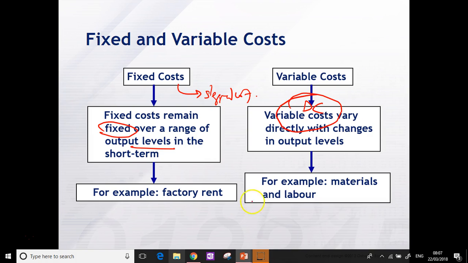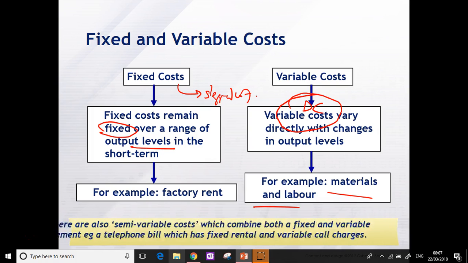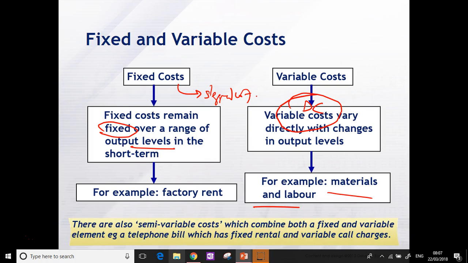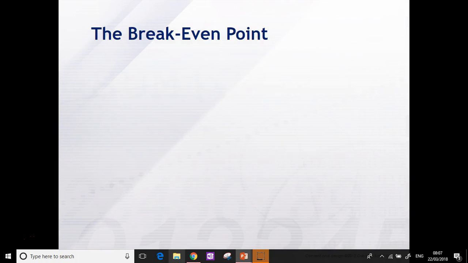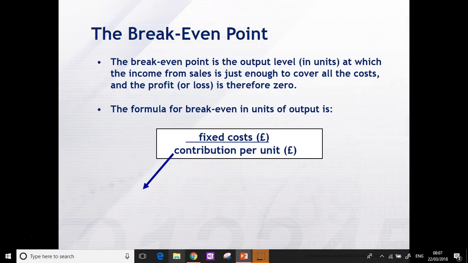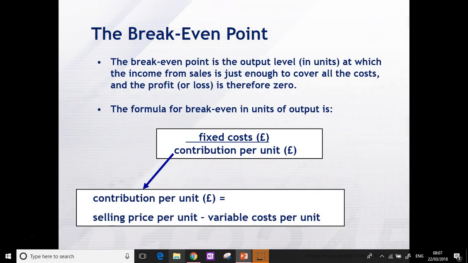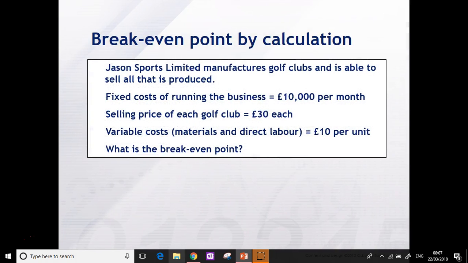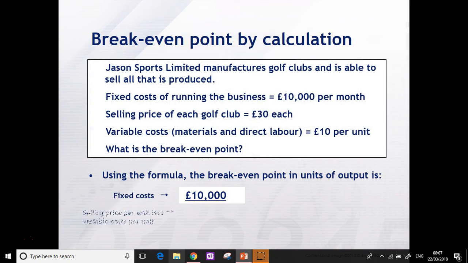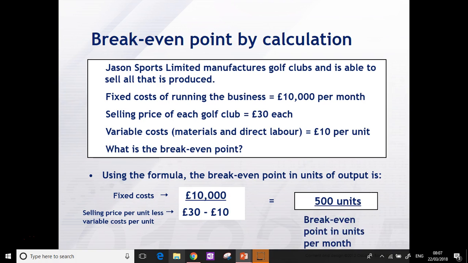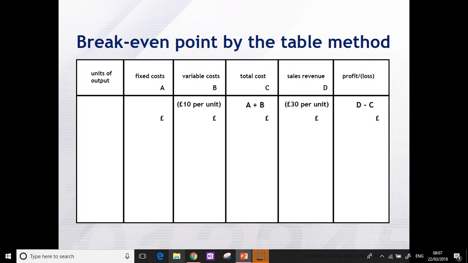Classic examples of these are material and labor. And of course, this idea of a semi-variable cost we also discussed, and I have now discussed this idea of a break-even point. And this is an example, but we've already done one, so there's nothing special with that slide.